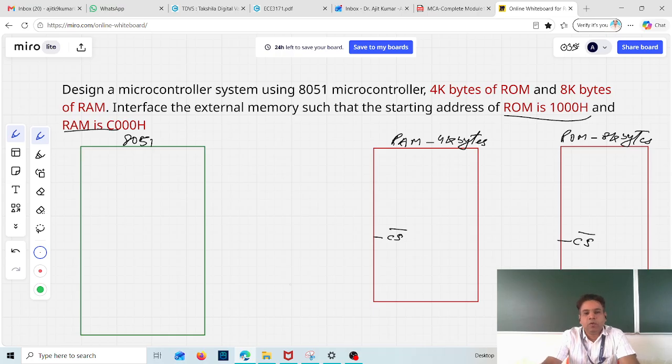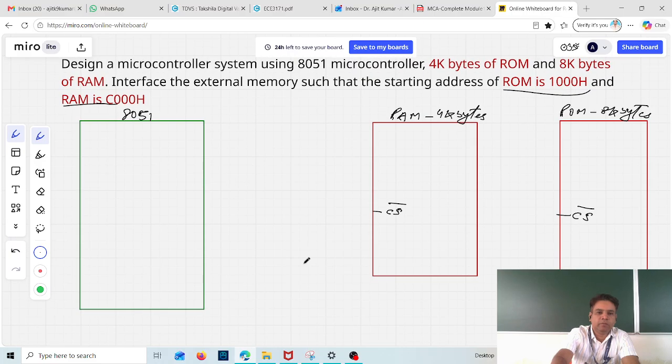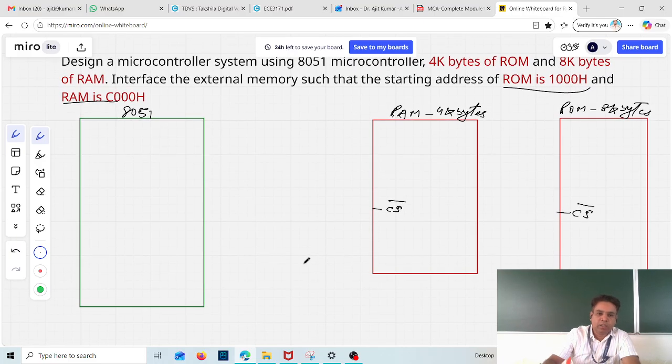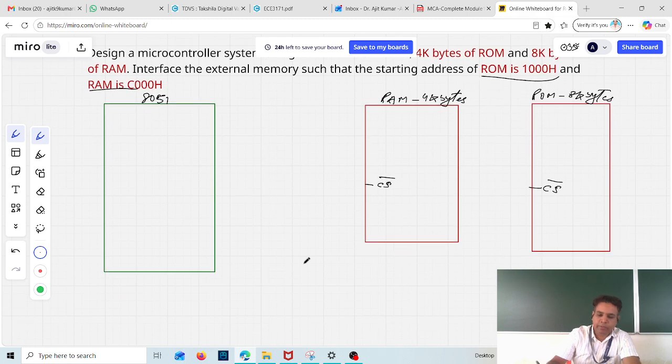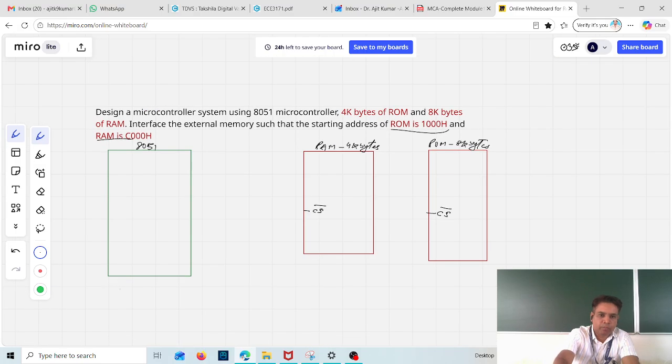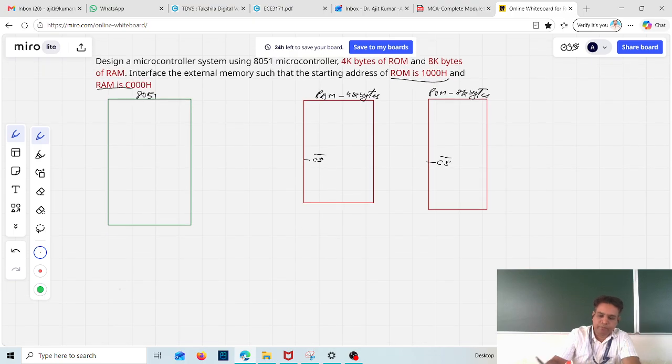So we'll start in the reverse order. We'll write a memory table in which we will write all the bits A0 to A15, for RAM and ROM both. Let's say for RAM, this is A15.